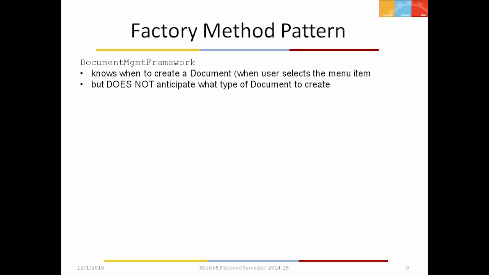So it knows when to create a document, meaning that it is the client or the end user who is going to decide when this document needs to be created. When the user selects a menu item, at that point in time it needs to be created. But this document management framework does not anticipate what type of document the user is going to choose and create.